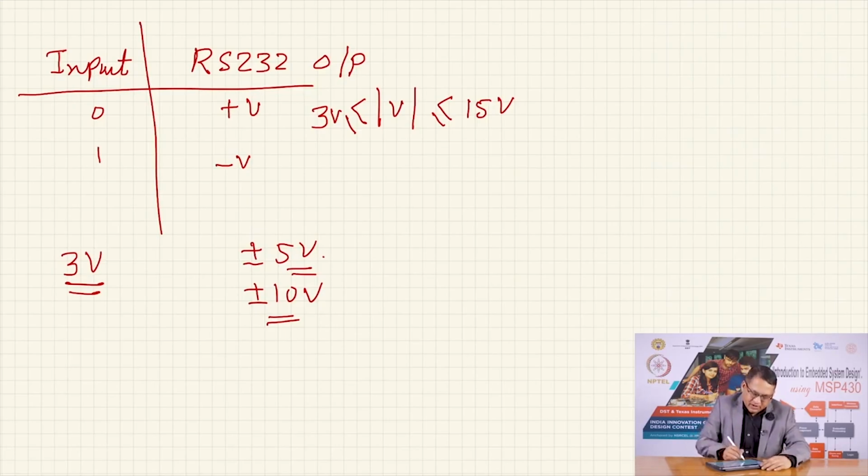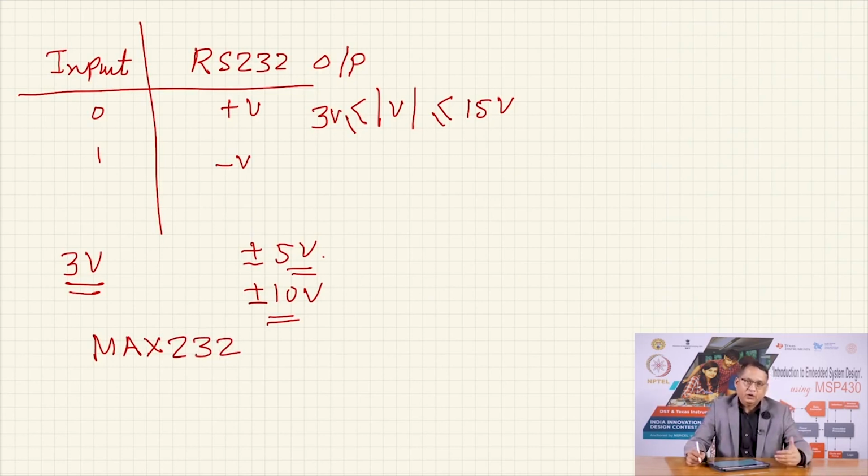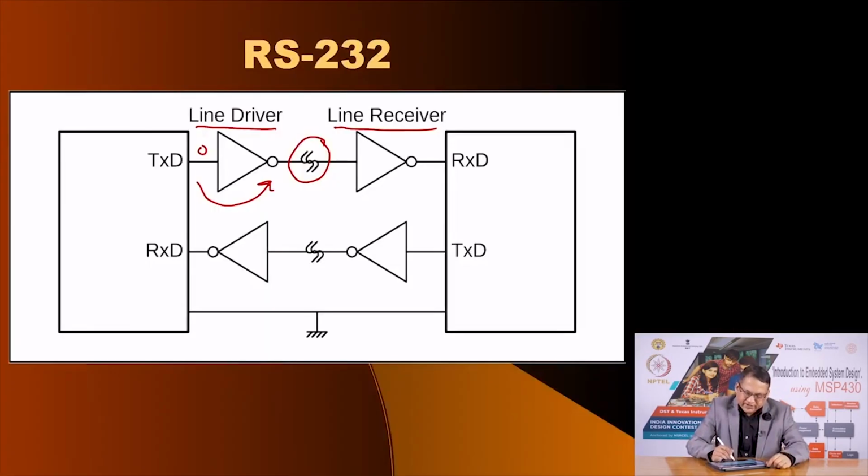For example, there is an IC called MAX 232. This will convert the TTL or 3 volt logic levels into RS-232 protocol. On the receiving side, it will receive the bipolar voltages and it will invert the logic, and again it will give you the same logic level as required by this device.